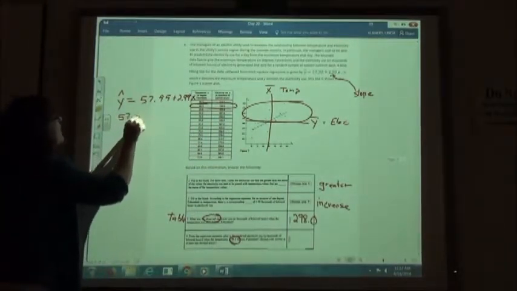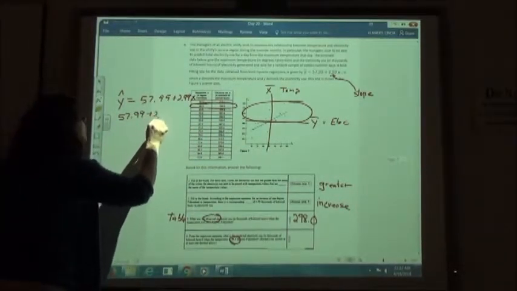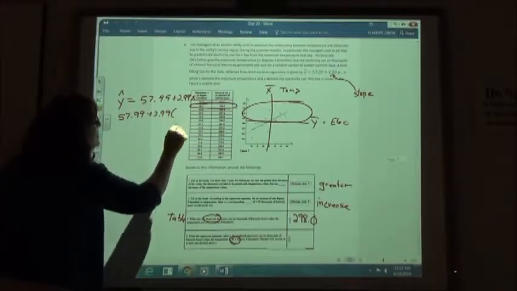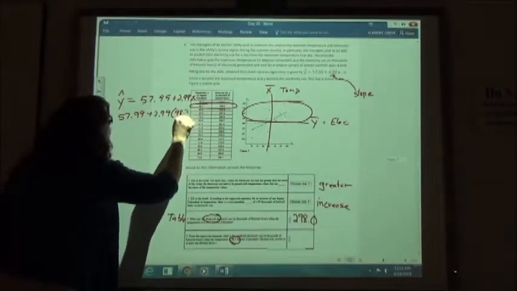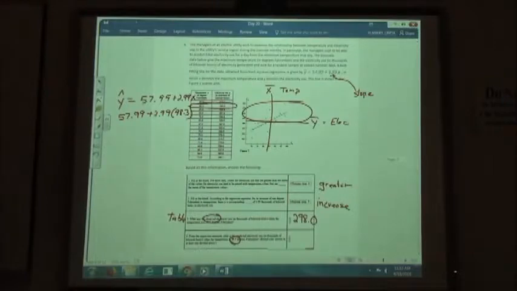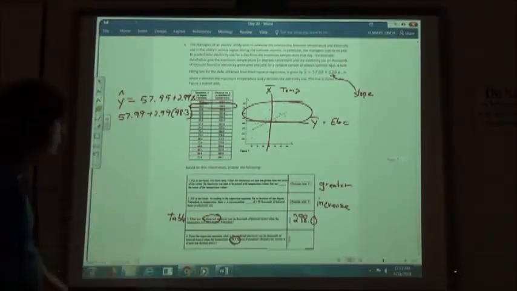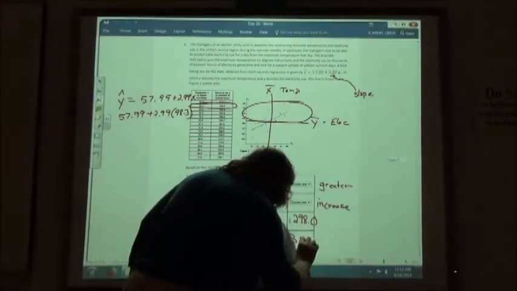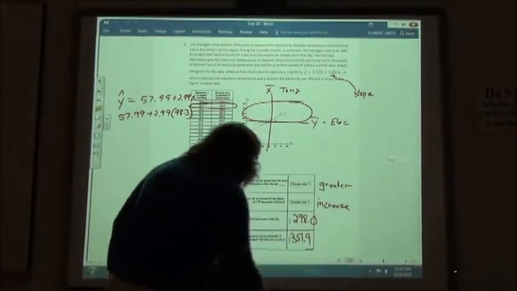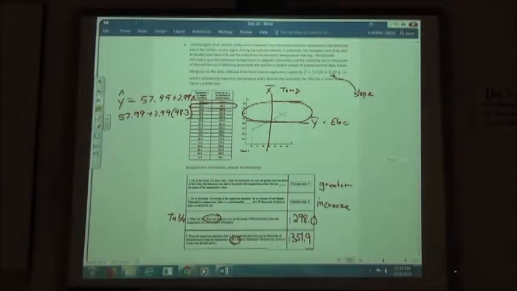So I'm going to do 57.99 plus 2.99 times my 98.3. Just plugging that into my regression equation. Again, we're rounding our answer to at least one decimal place. So if you take 57.99 plus 2.99 times my 98.3, I should come up with 351.9.